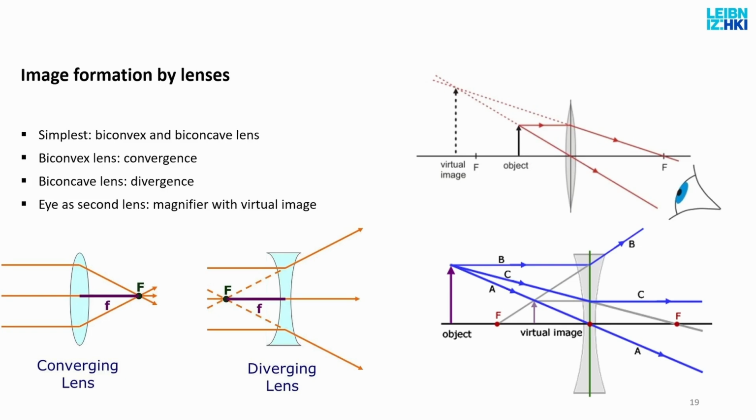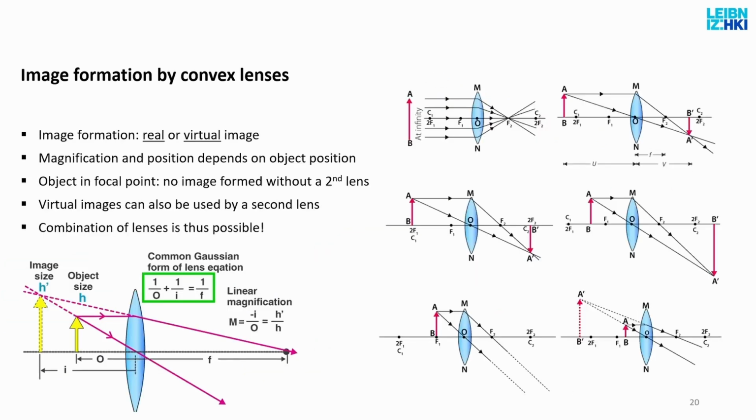So this means that using such a lens, I can also form an image. If this is my object, and I draw my lines as I did before, then I will again get a virtual image because the image is on the same side as the object. But this also means that I can combine these lenses. I can use more than one and then magnify the image further.